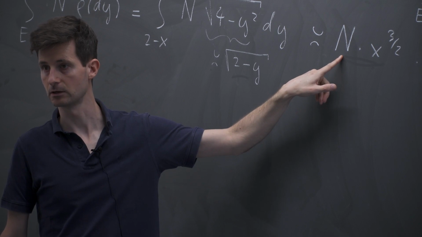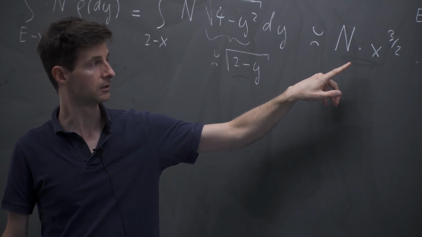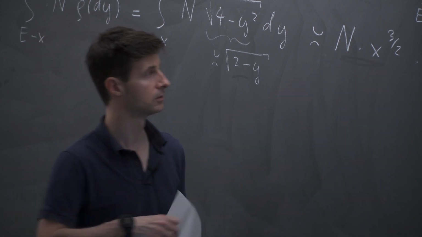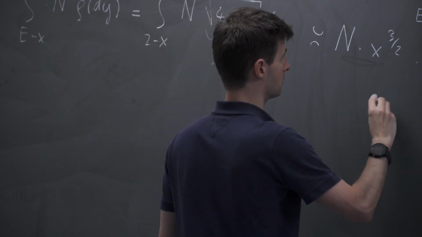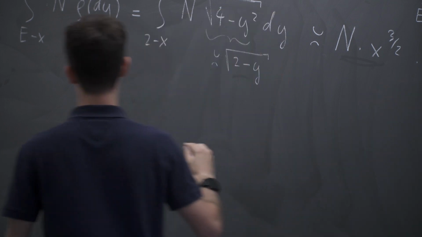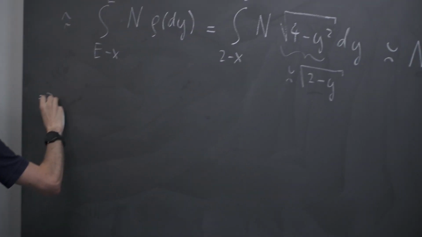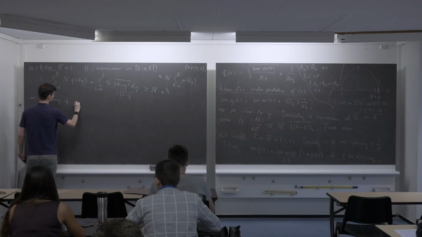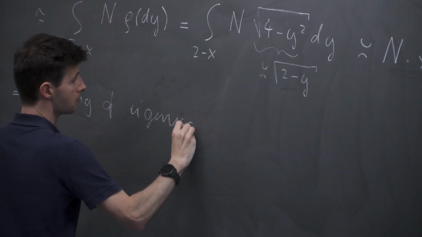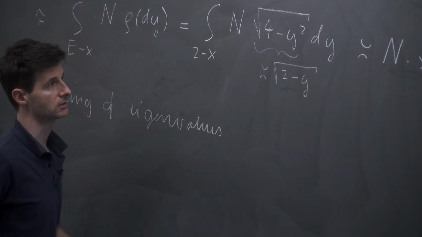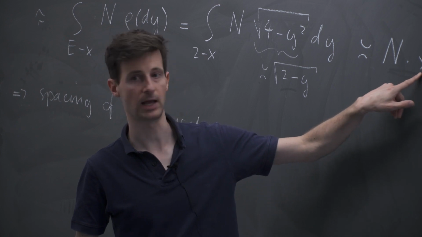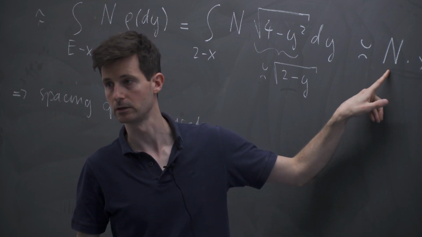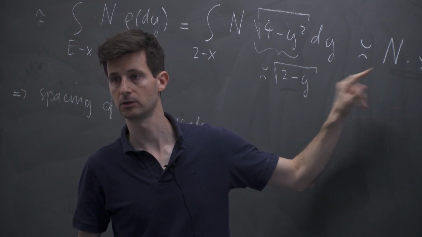So to get the spacing of consecutive eigenvalues, you have to ask yourself, by how much do I have to change x for this number to change by 1? And the answer is by n to the minus 2/3.